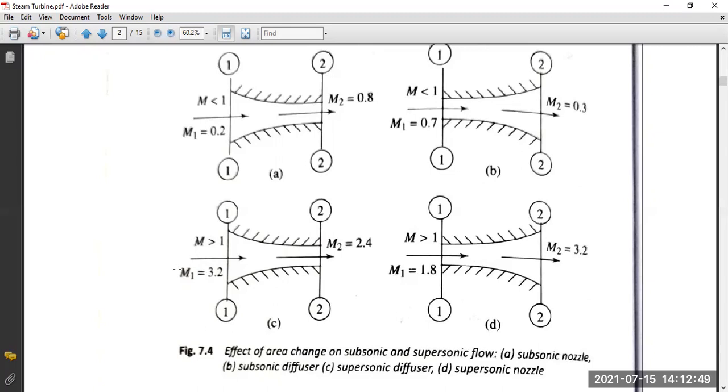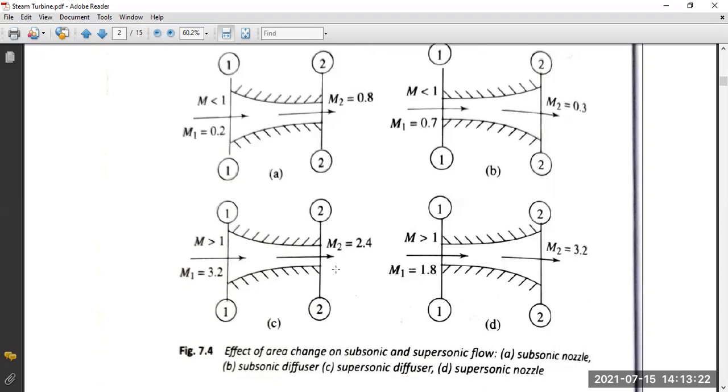As a convergent nozzle, velocity will go up and pressure will reduce. Thus, the Mach number which was greater than 1 will go up to 2.4. For supersonic, it is more than the velocity of sound, so it was already more than 1. The velocity becomes further increased, equal to 2.4, almost twice.